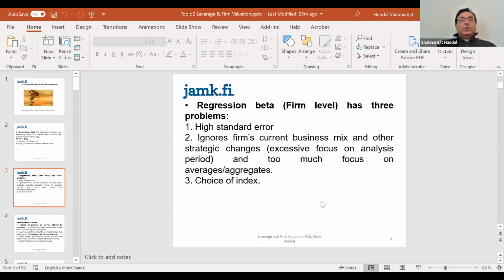Rather, all these variables, all these changes, qualitative changes, all these other variables, which are macroeconomic, which could be about innovation, technological breakthroughs, they all are reflecting in the stock price and the index value. So therefore, beta is okay. That's the point.